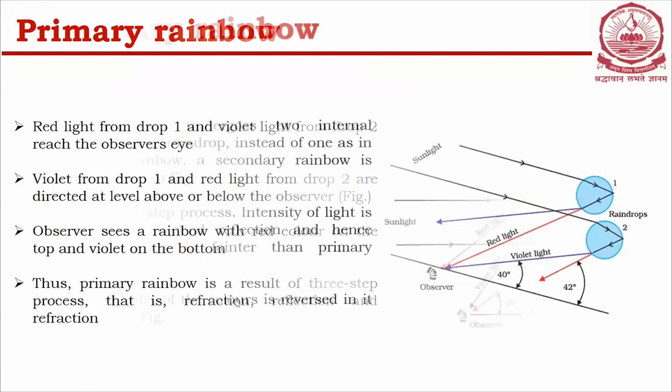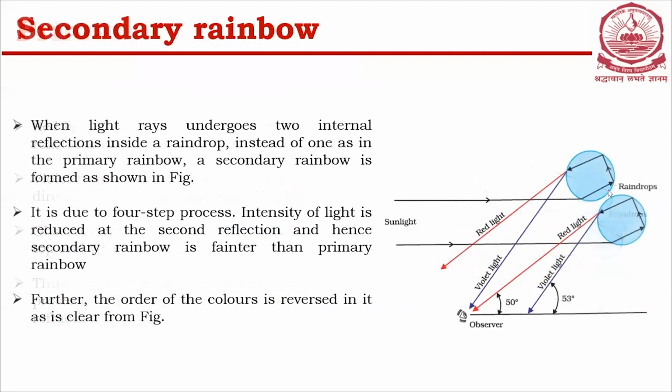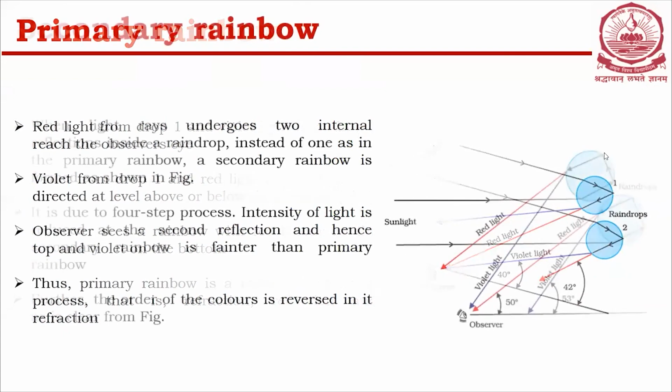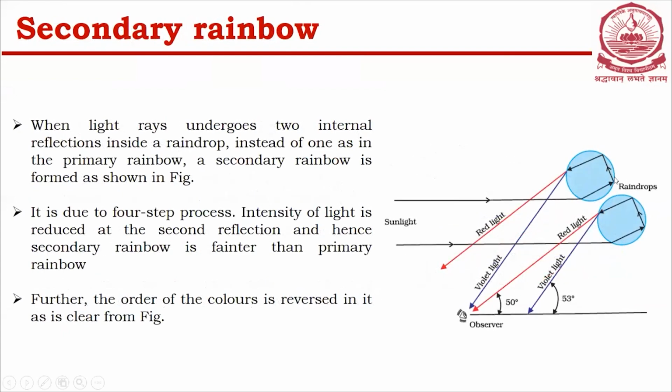Next one is the secondary rainbow. This involves two internal reflections inside the raindrop. You can see here, instead of one reflection, there are two reflections: the first here and the second here.